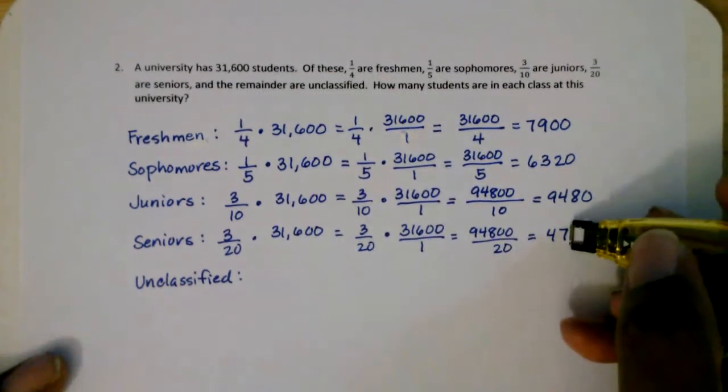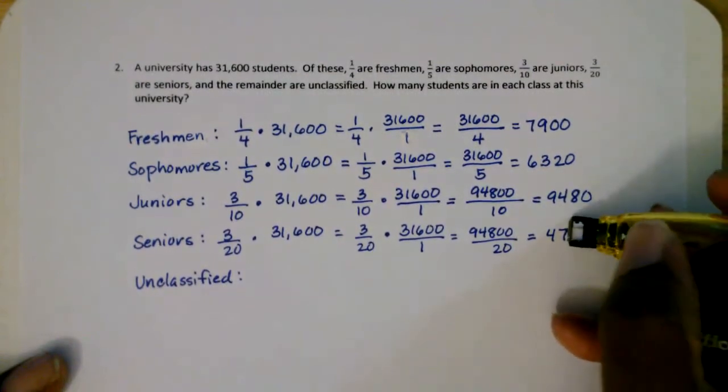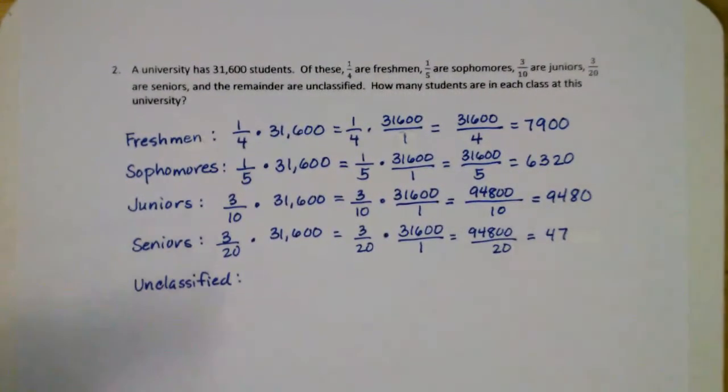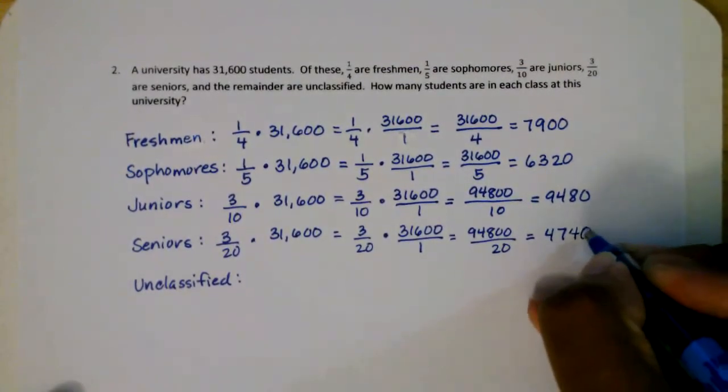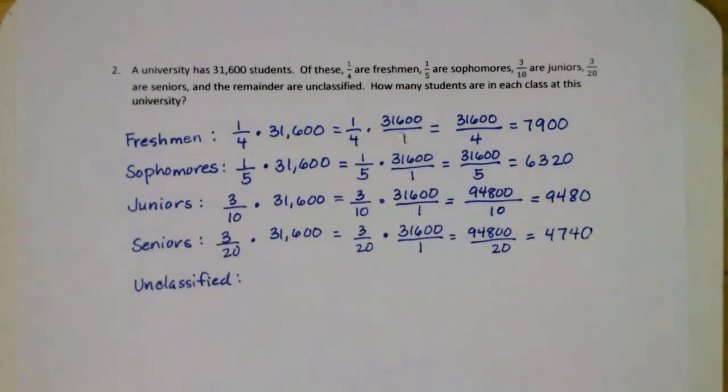Now I need to make a correction on this number right here, which should be 4,740. Okay, 4,740 would be the correct answer for the number of seniors. All right, now for the unclassified.